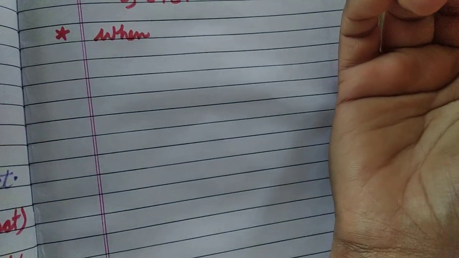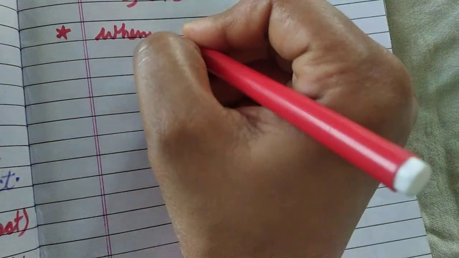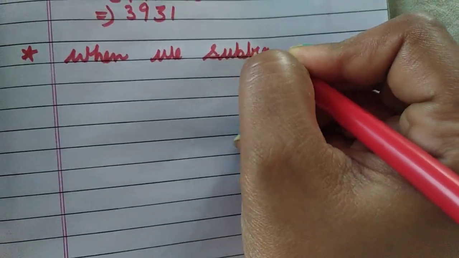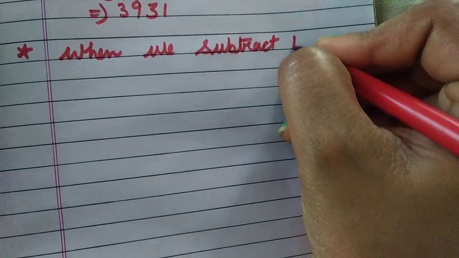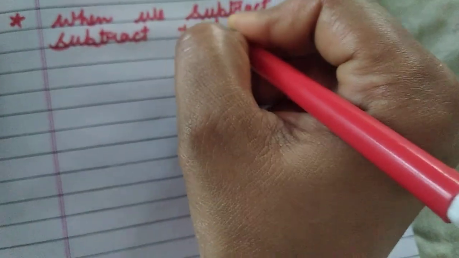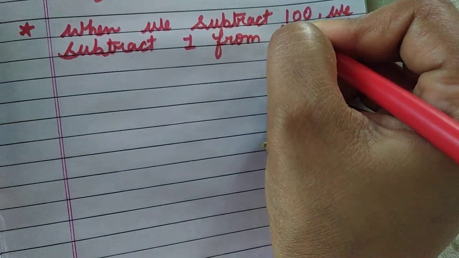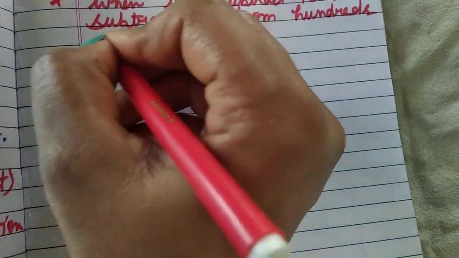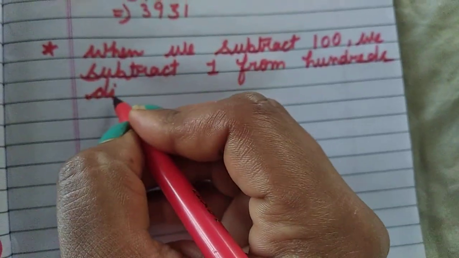Like the same. When subtracting 10, we subtract 1 from the tens digit, and when we subtract 100, we subtract 1 from the hundreds digit.